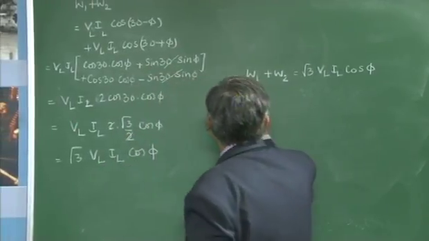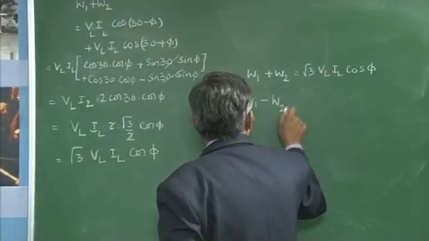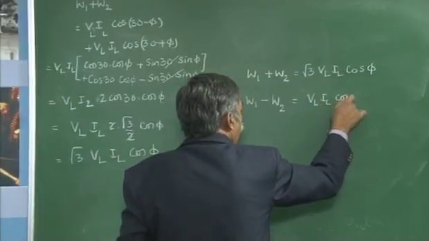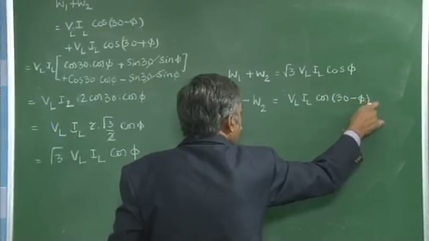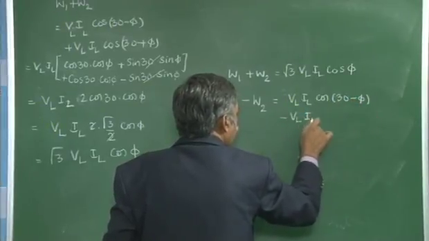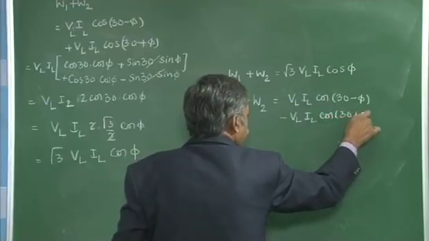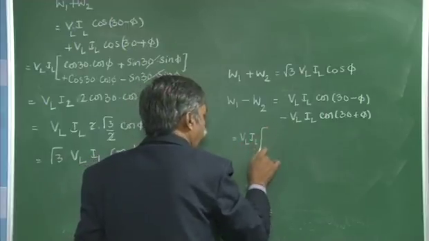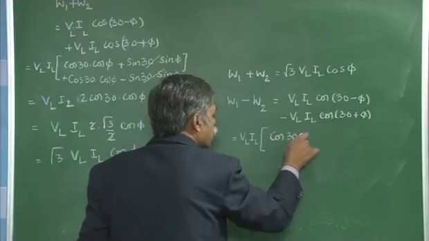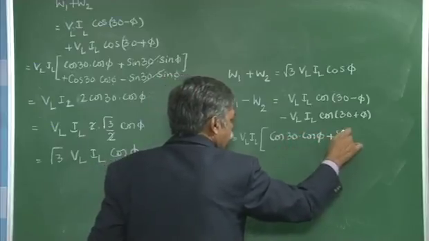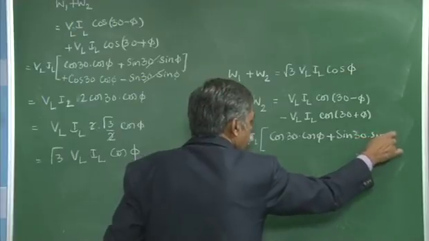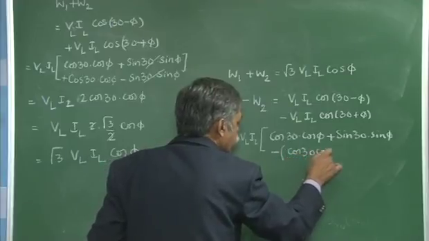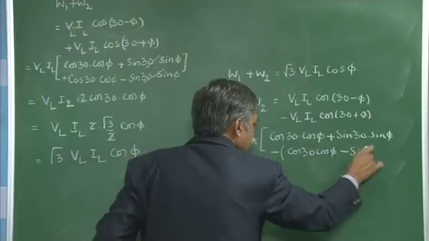When I write down the expression for W1 minus W2, I get VL IL cos of 30 minus phi minus VL IL cos of 30 plus phi. When I simplify this, taking VL IL as common factor, the first term gives cos 30 into cos phi plus sin 30 into sin phi, minus cos 30 into cos phi minus sin 30 into sin phi.